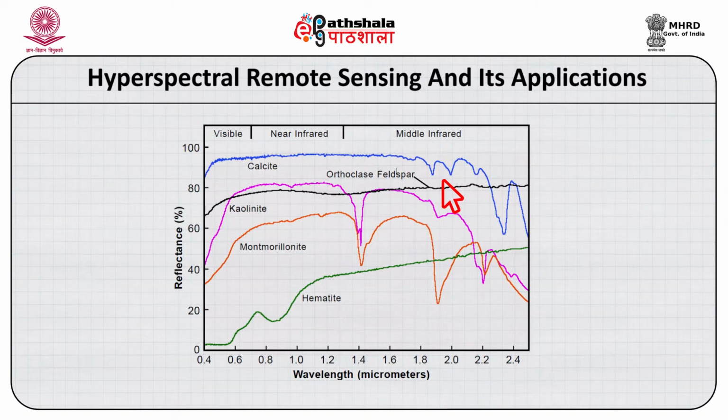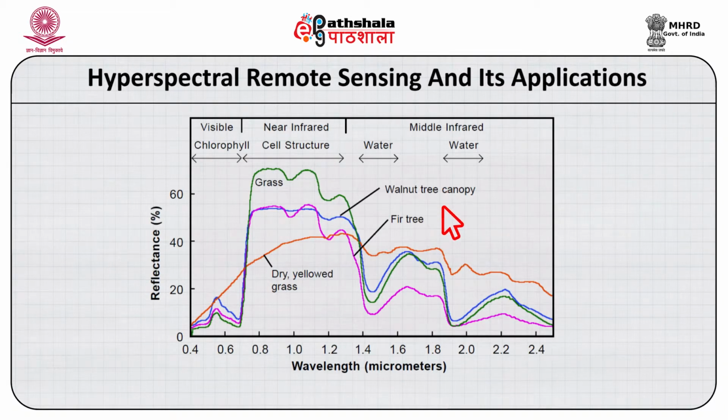Now, if we see figure 7, another very fine example of hyperspectral data, it shows reflectance spectra of different types of green vegetation compared to the spectral curve of a dry yellowed leaf. The dry yellow leaf has a different reflectance on the left side, in the near infrared region, then we have the grasses, then the walnut tree canopy, then the fir tree.